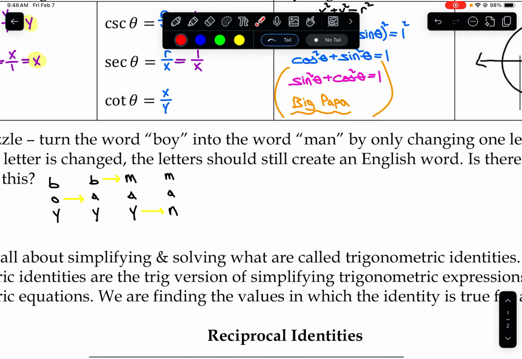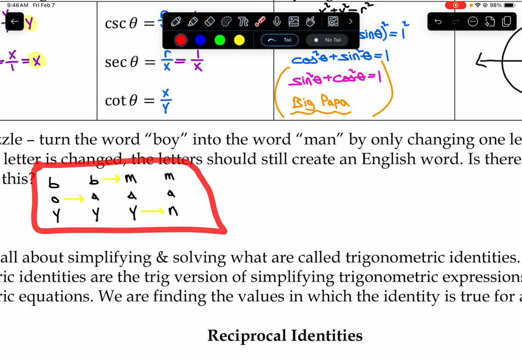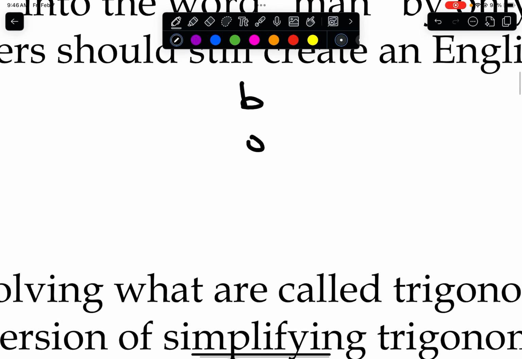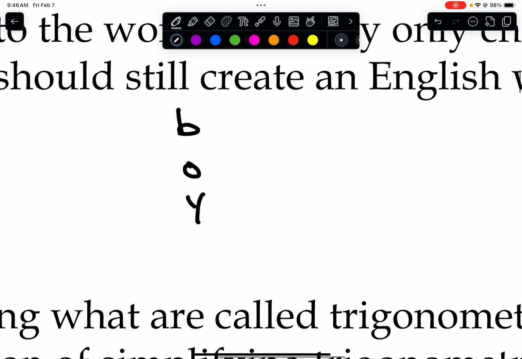I want you to pause here and see if you can do the same thing that I just did, but see if there's another sequence. So there is another way. Obviously we're still going to start with boy. But the other way you can do it, I'm going to change boy still back into bay.